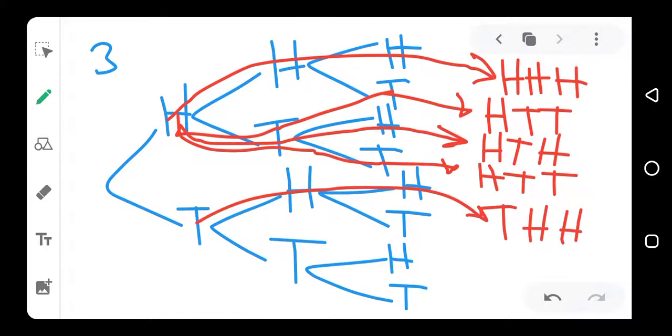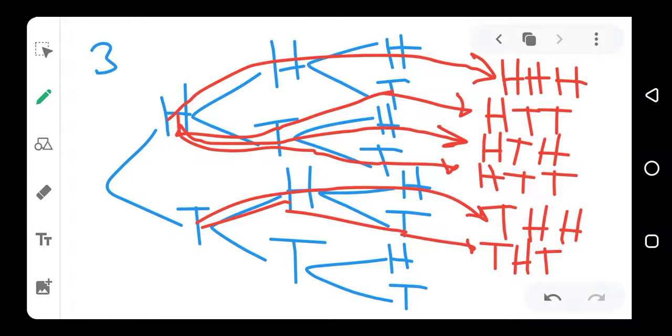We also start with this, go to this side and come out, and so we have tail, head, tail.